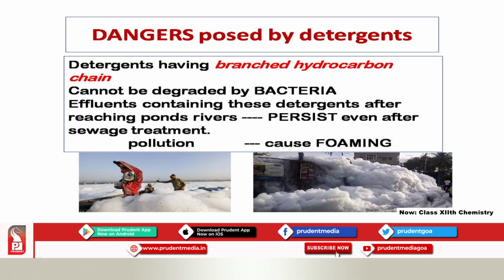These detergents cannot be degraded by bacteria, and the effluents, meaning the waste chemicals from industries or the waste from houses, containing detergents remain in ponds and rivers even if the sewage is treated, and this leads to pollution causing foaming. This happened in Bangalore, and this is the Yamuna river. As you see here, there is foaming due to overuse of detergents.